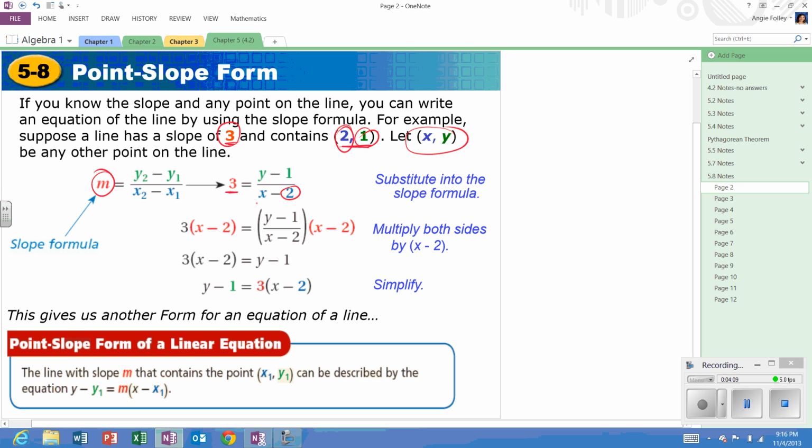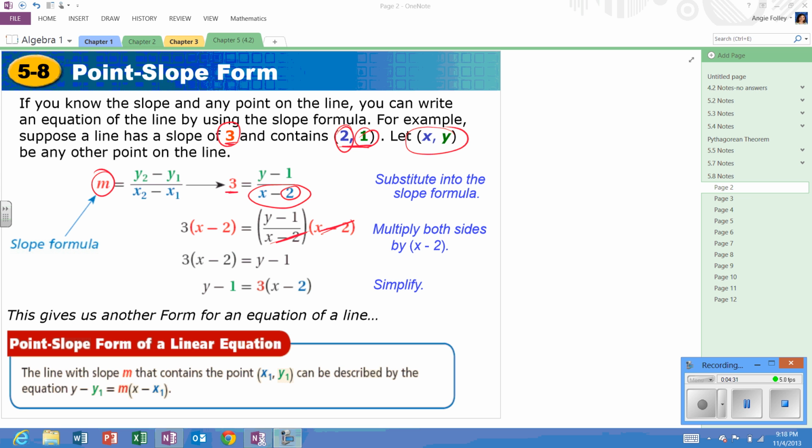Okay, next, I want to get rid of my denominator, so I want to get rid of this x minus 2. So in order to do that, I'm going to multiply both sides by x minus 2, because that will cancel this right here. So then I'm left with 3 times x minus 2 equals y minus 1, okay?